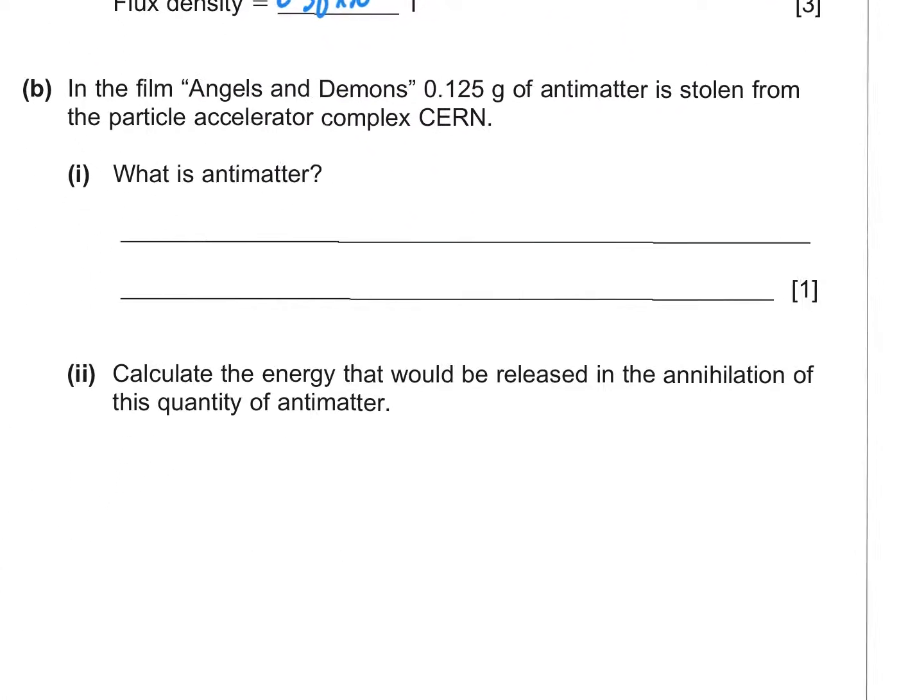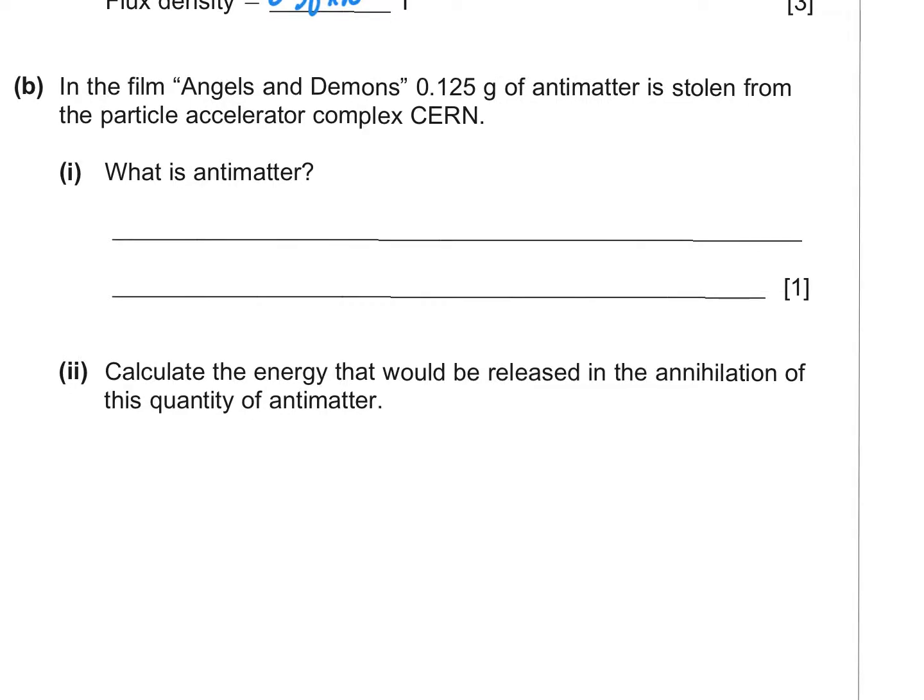In the film Angels and Demons, 0.125 gram of antimatter is stolen from the particle accelerator complex at CERN. What is antimatter? And then part 2, calculate the energy that would be released in the annihilation of this quantity of antimatter.